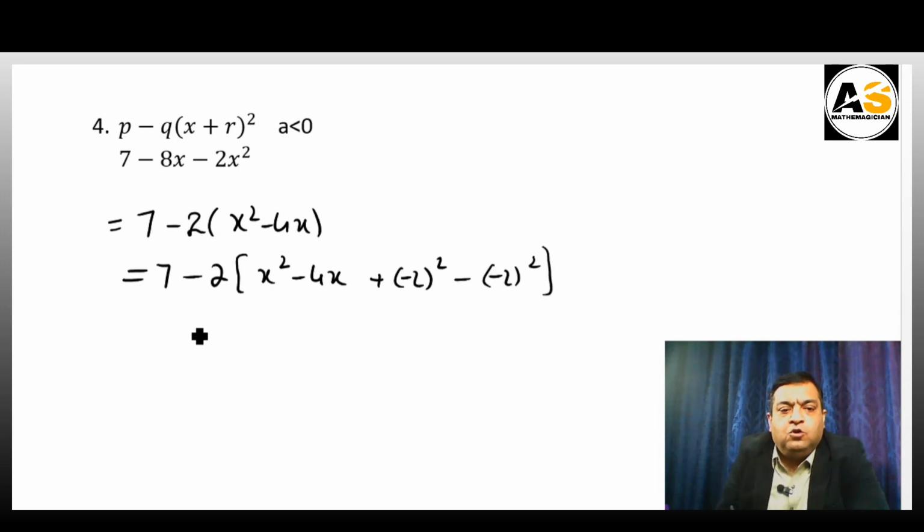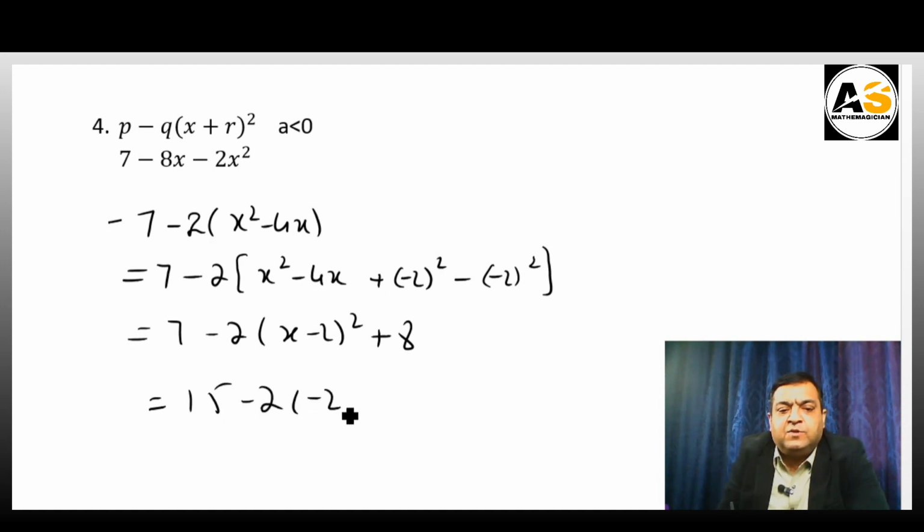By doing so, we will get 7 minus 2. First 3 terms will complete the square of x minus 2. This is minus 4, this minus 2 plus 8 and we will get 15 minus 2 times x minus 2 whole square. So its vertex will be (2, 15).